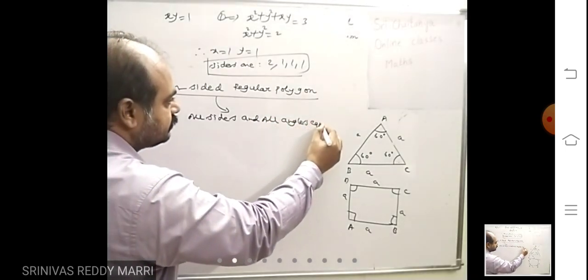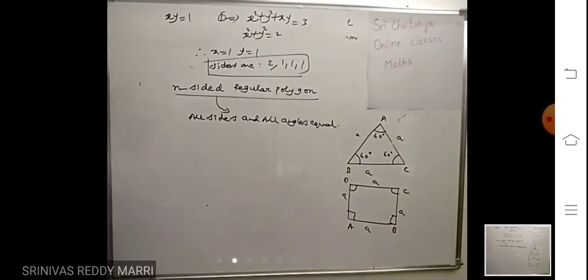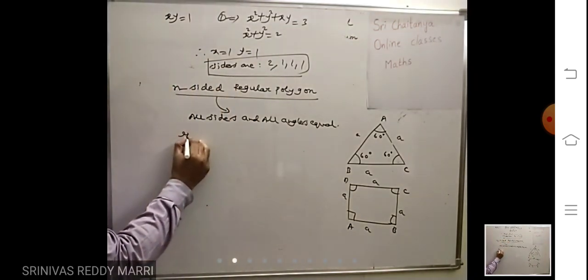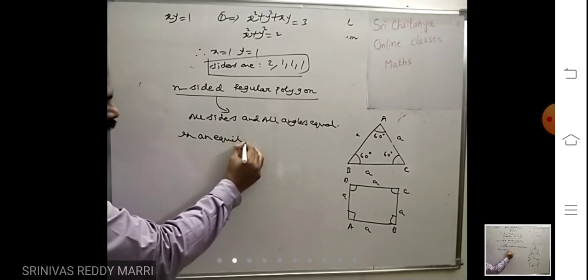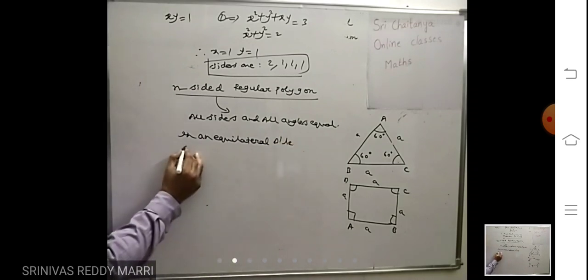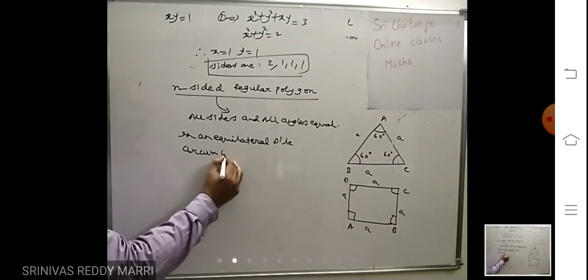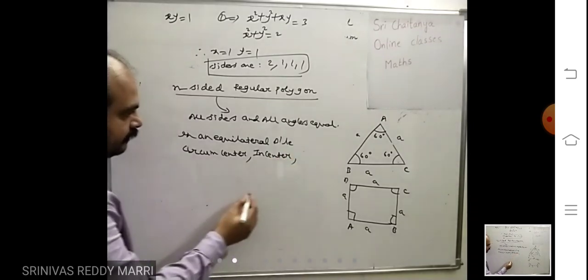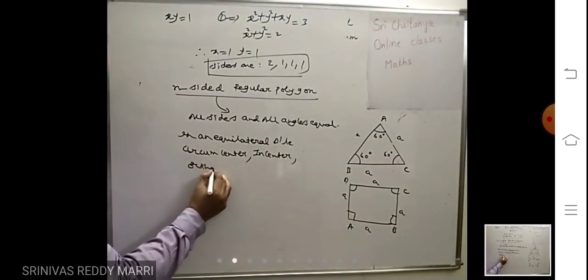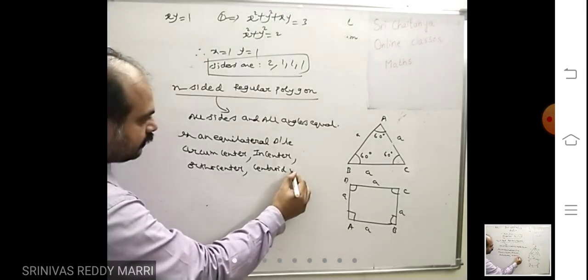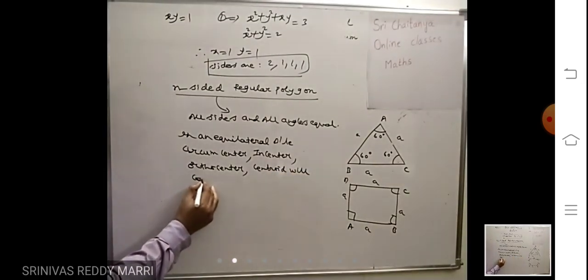In an equilateral triangle, this is a very important point: the circumcenter, incenter, orthocenter, and centroid will coincide.